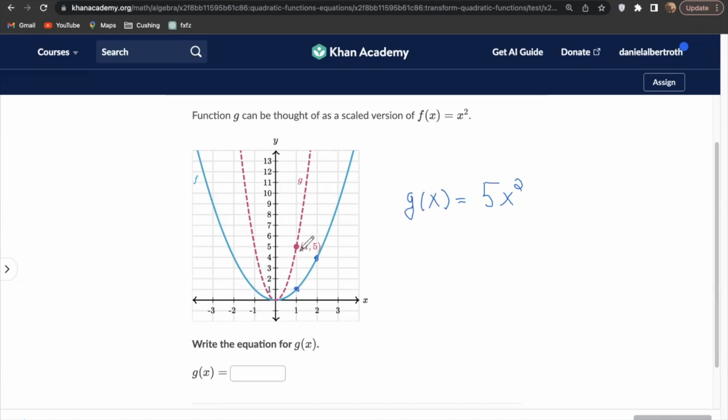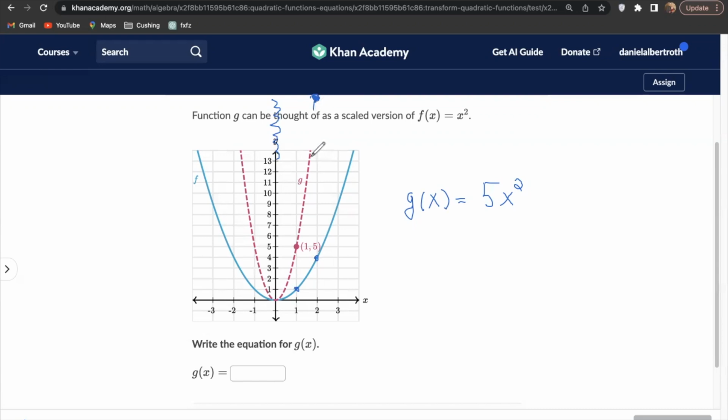To test that, you could test with 2. When x is 2, 2 squared is 4, so y should be 20. So when x is 2, y should be way up here. And it actually looks like that graph, if I went to 20, it would sort of match up.